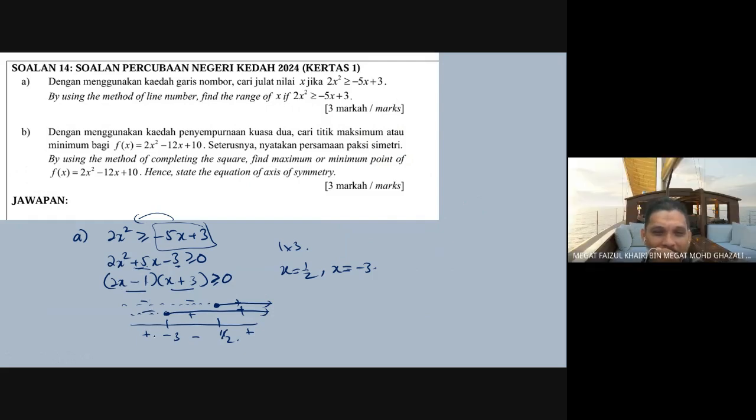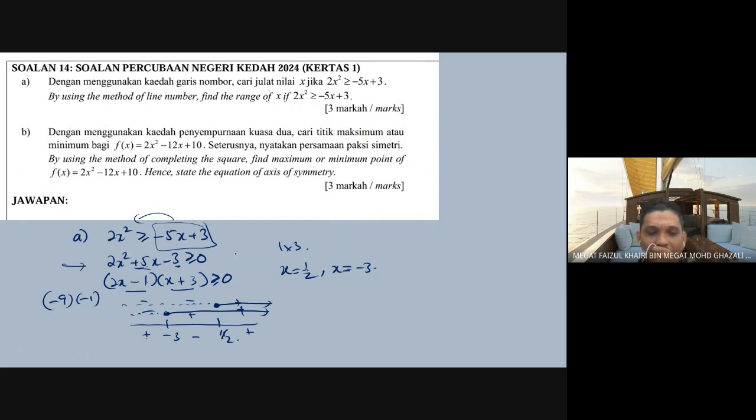That's it. So if I choose, let's say, negative 4, negative 4 times 2, negative 8 minus 1 equal to negative 9. Negative 4 plus 3 equal to negative 1. So negative 9 times negative 1, positive. That's it. Okay, thank you. So then, the whole of these inequalities is greater than or equal to 0.